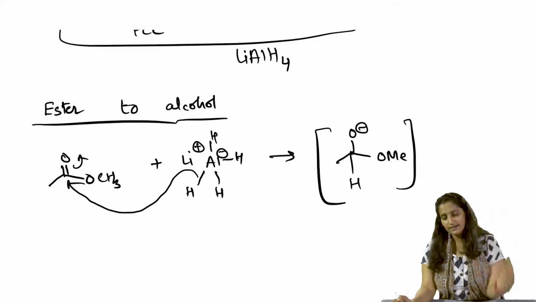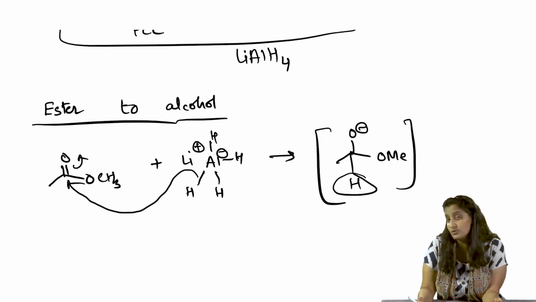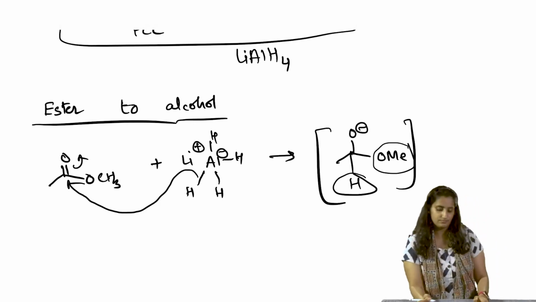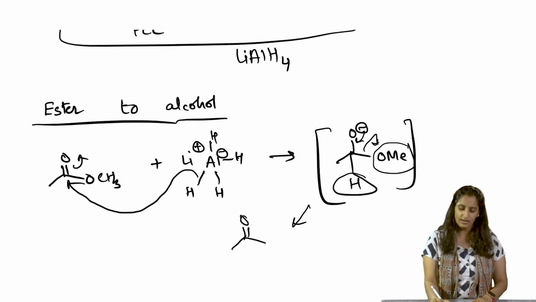Okay, look at this tetrahedral intermediate. Now, in this case the hydride is not going to be a good leaving group. But since we are in a basic medium, we can kick out the OMe. So, we are going to kick that out, forming an aldehyde.